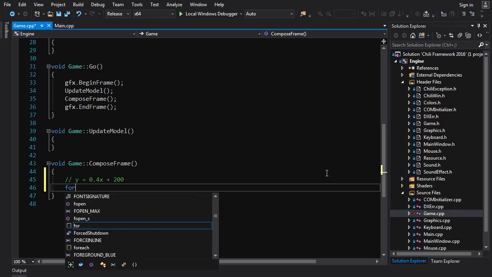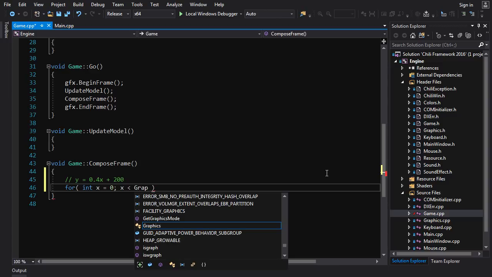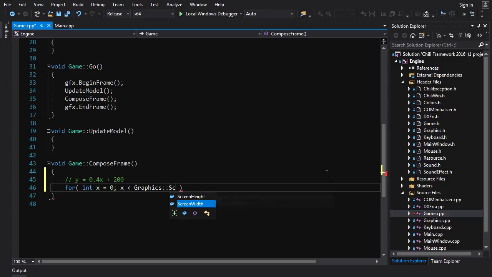What we're going to do is we're going to go for int x is equal to 0 as long as x is less than graphics screen width, x plus plus.